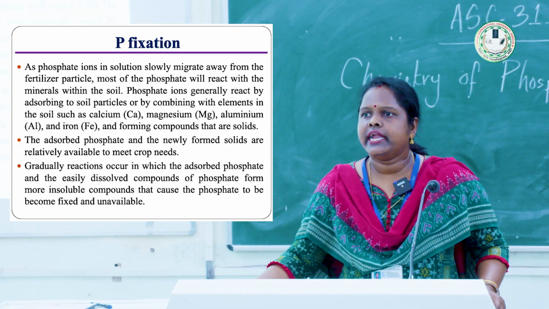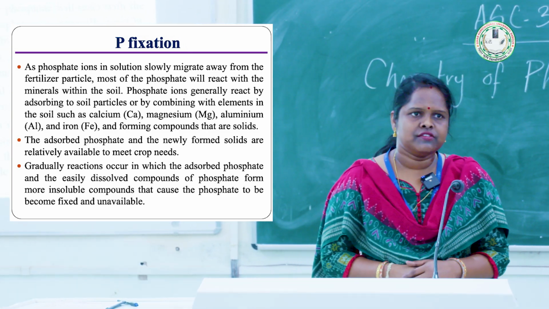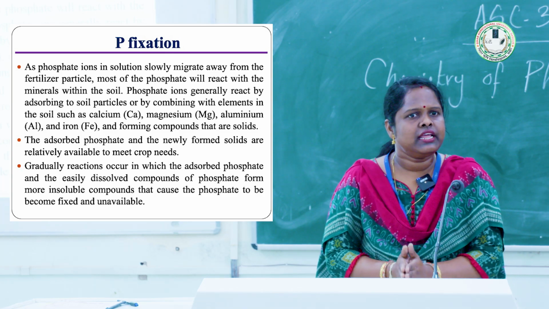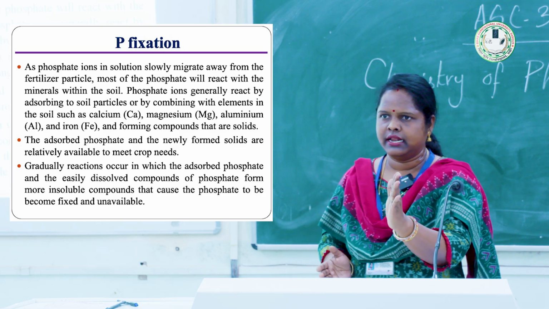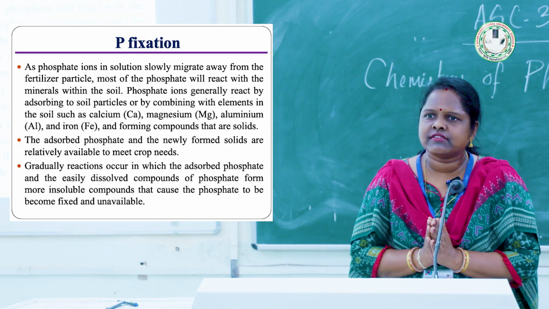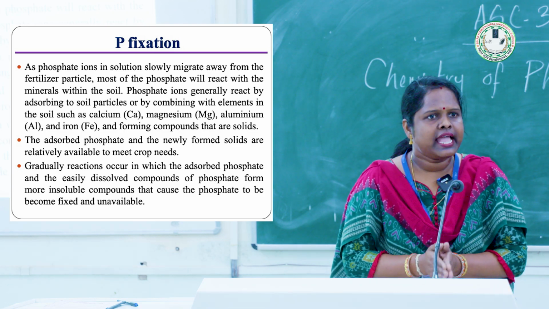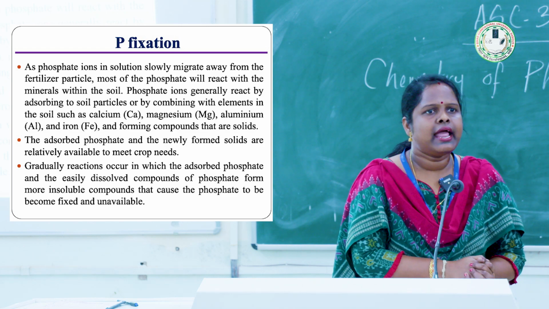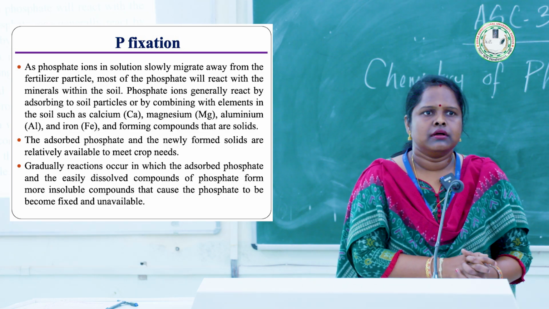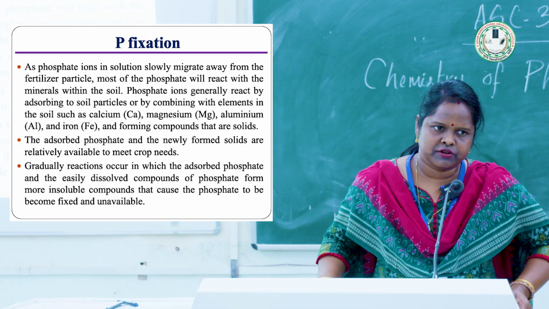reactions. It combines with different ions that are dominant in the soil system, and this fixation is strongly dependent upon the pH of the soil. We have already discussed, if the soil pH is less than 6.5, then it will combine with the iron and aluminium, forming iron phosphates and aluminium phosphates.